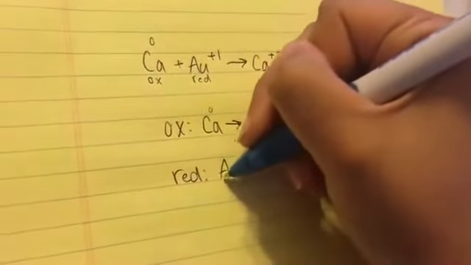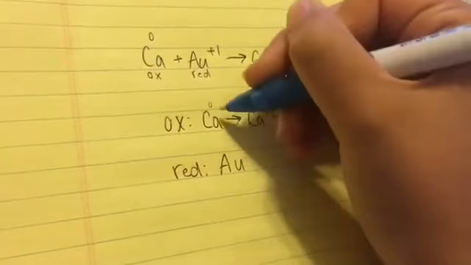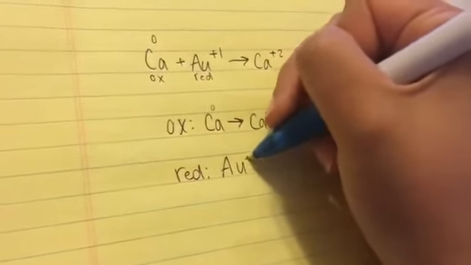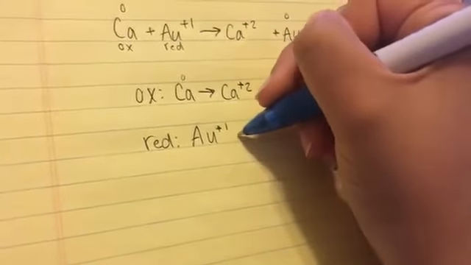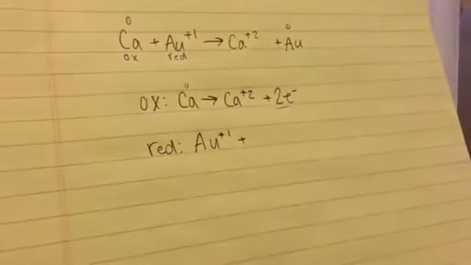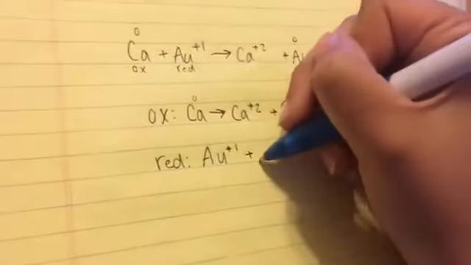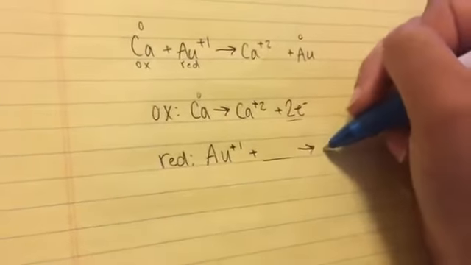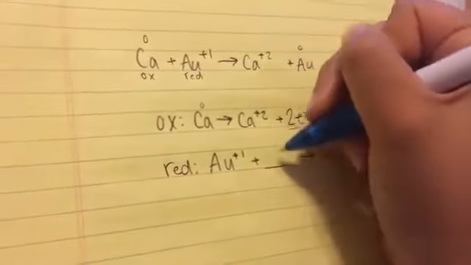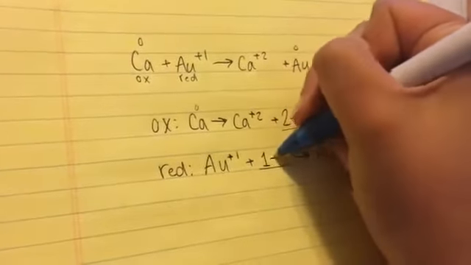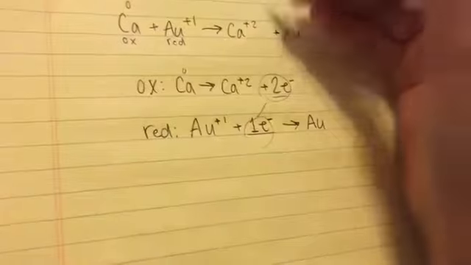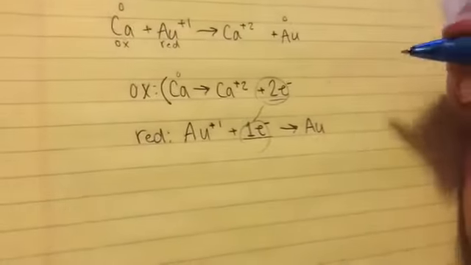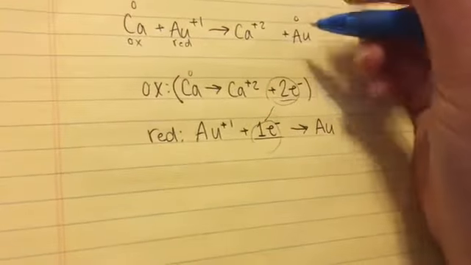And onto the reduction, we get gold, which is Au, on the reactant side, which is plus 1. Then we leave a little space so that we can determine how many electrons will need to be added. Draw the arrow and draw Au, gold, with a 0 charge. Then we have determined that it is plus 1 electron to balance it out to make it Au plus 1 electron.